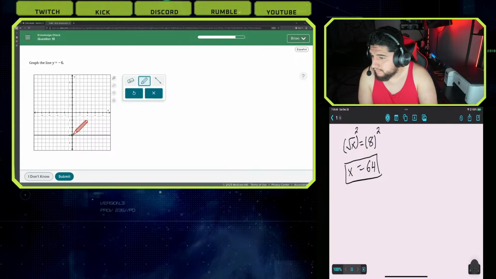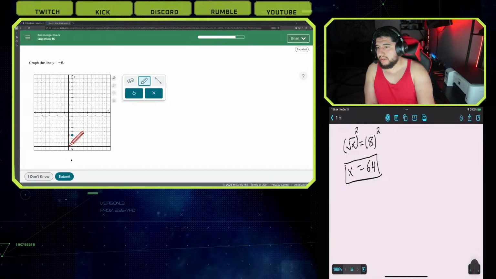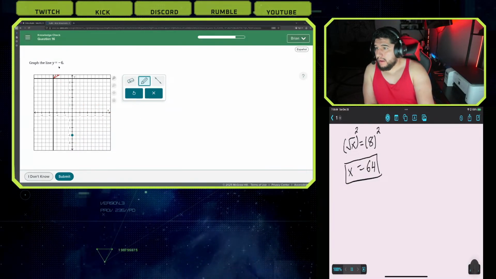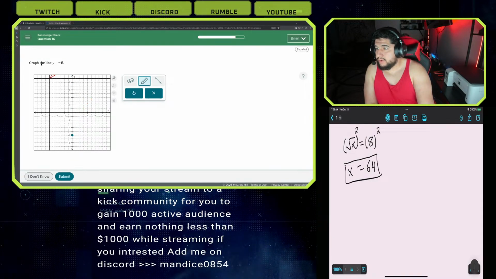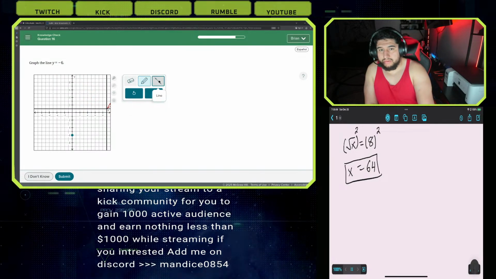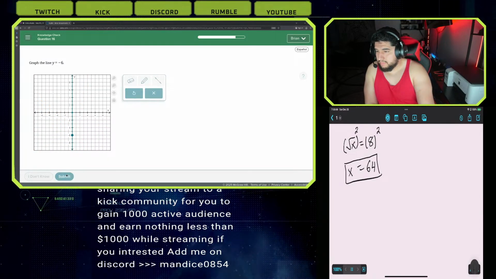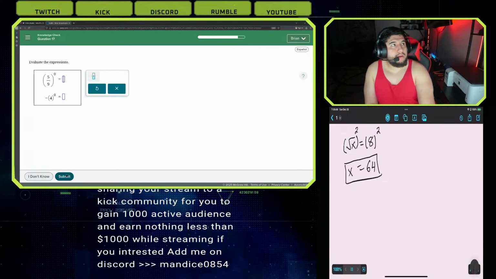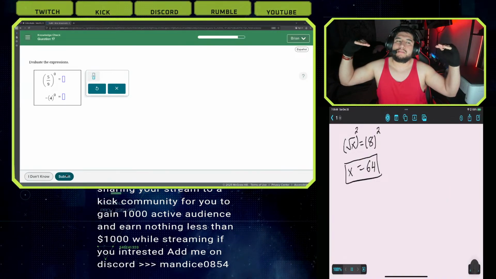How do you get a line? So it's just going to be a straight line. There is no x, so it's invisible. So I'm guessing it's just a line that goes up and down. Like that. Wait. Y is up and down. Oh, it was a horizontal line.